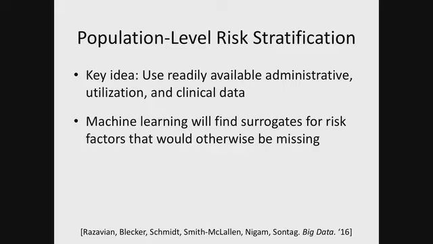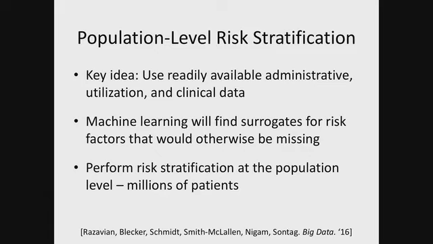Maybe we don't have access to all of those features I showed you earlier. Like maybe we don't know the patient's weight, but we'll use machine learning on the data that we do have to try to find other surrogates of those things we don't have, which might predict diabetes risk. And then we can apply it automatically behind the scenes for millions of different patients and find the high-risk population and perform interventions for those patients.